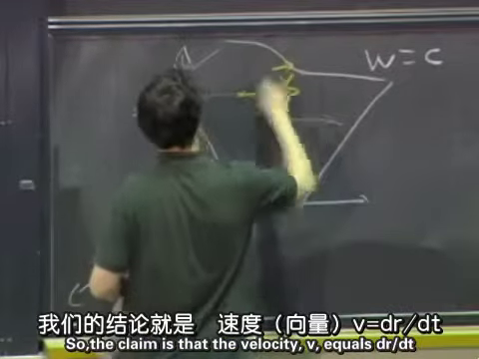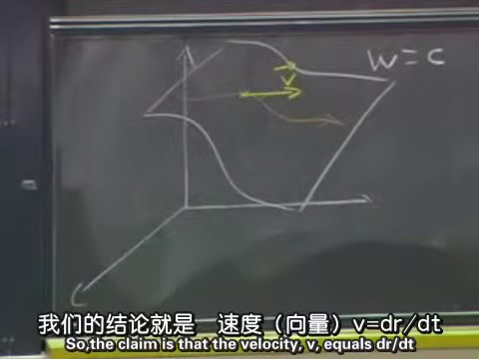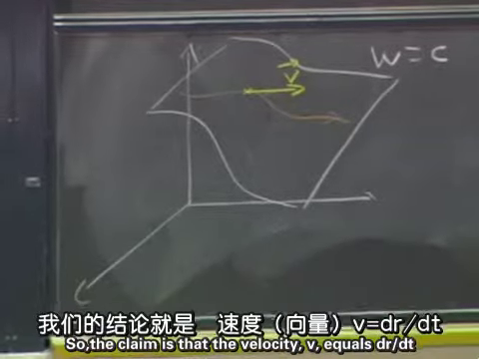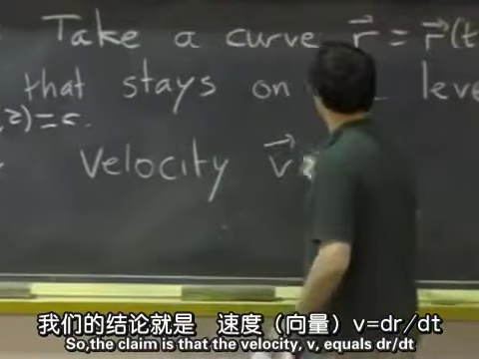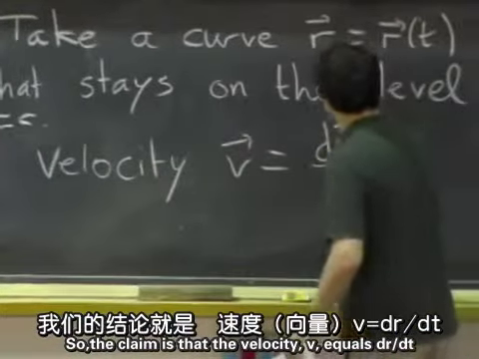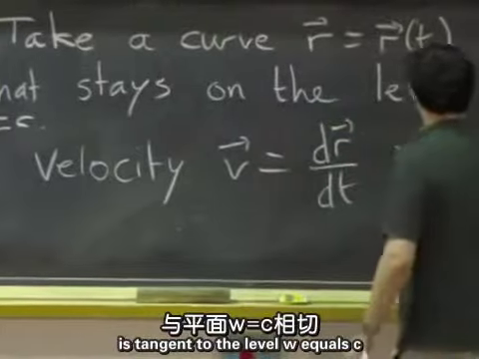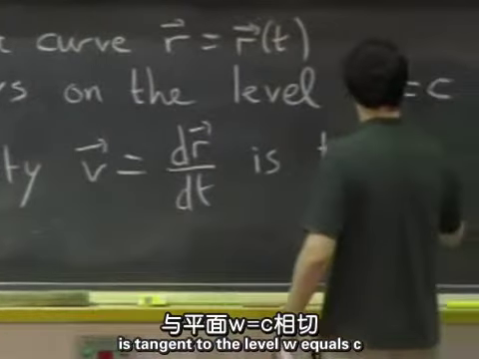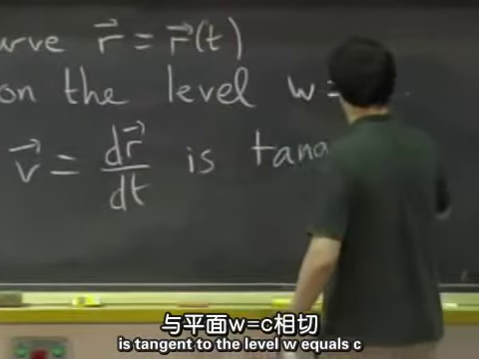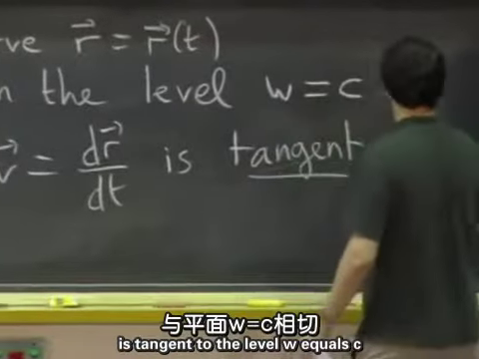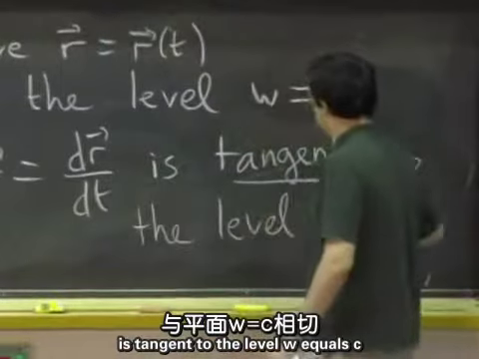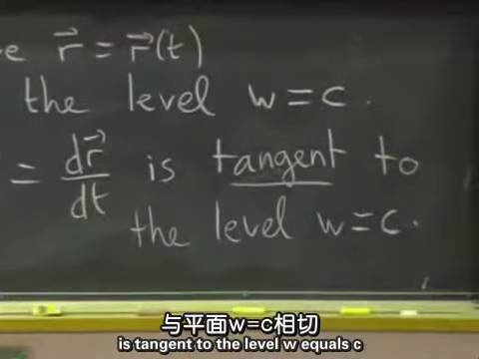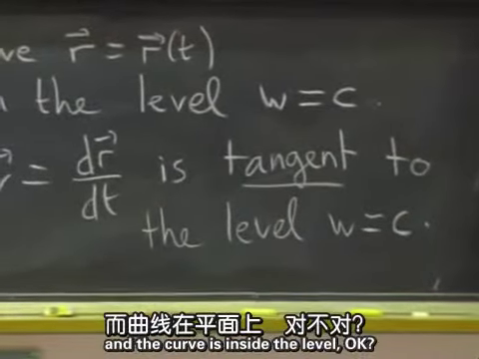So the claim is that the velocity v equals dr/dt is tangent to the level W equals C, because it's tangent to the curve and the curve is inside the level.